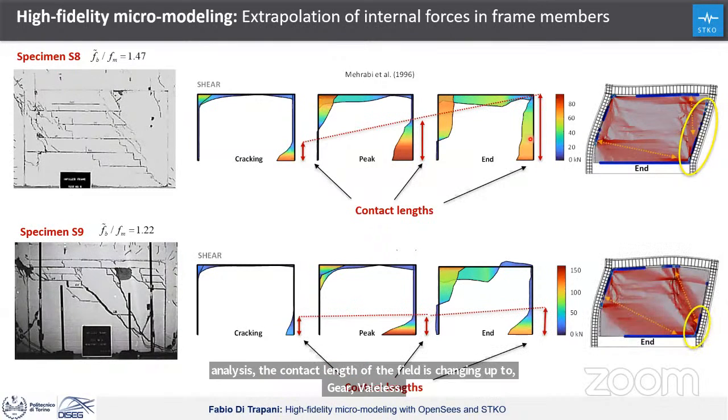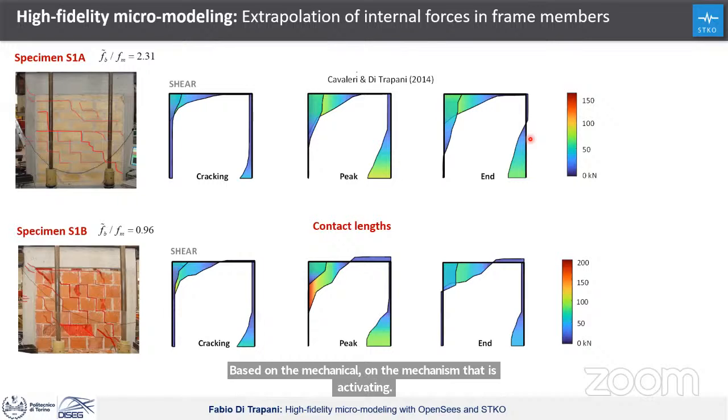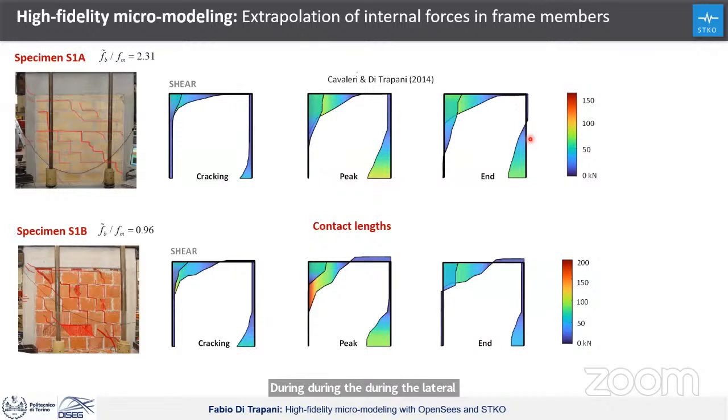And based on this, we could recognize that, based on the mechanism that is activating during the lateral test, we have conditions in which we have more concentrated shear demand or more spread shear demand, and it is basically changing if the cracking is related more to the sliding or more to the diagonal compression.